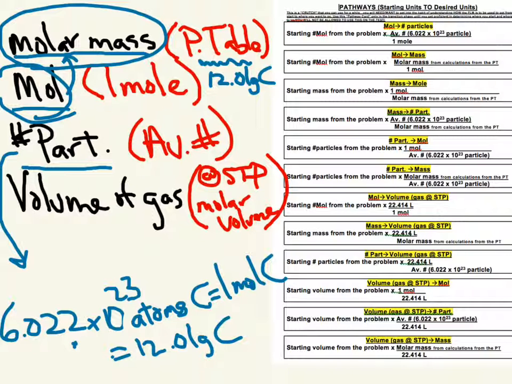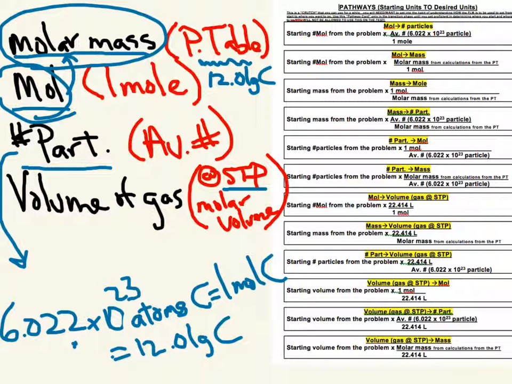Now, if I have a gas, if carbon happened to be a gas, which would be pretty tough, especially at standard temperature and pressure, it will not exist as a gas. So we can't use carbon in that particular case. We could use molecular hydrogen or nitrogen or oxygen. Because remember, when we start talking about STP, that's standard temperature and pressure.